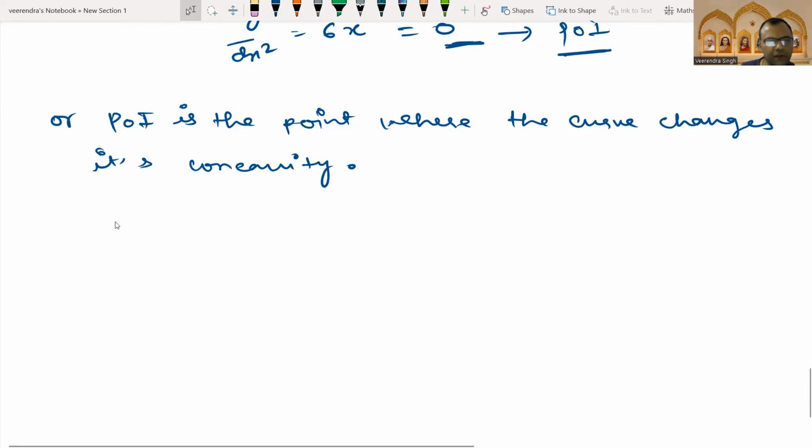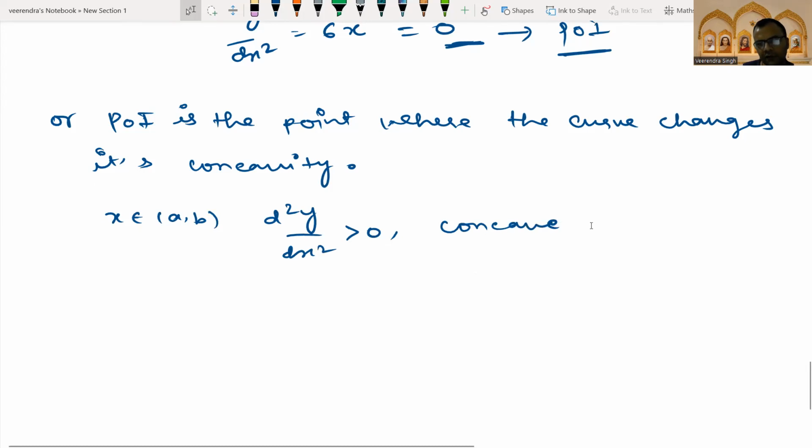Suppose we have x belongs to a to b and our double derivative d2y by dx square is greater than 0. So what does that mean? It means the curve is concave upward. If we draw the graph for this, it will be like this, upward between A and B. It's concave upward.